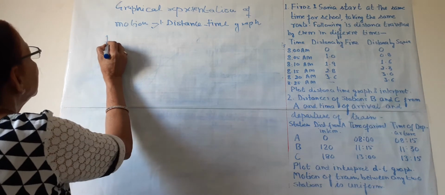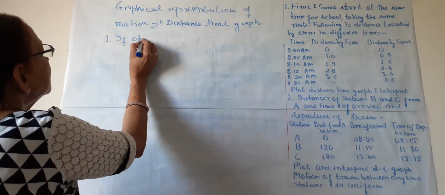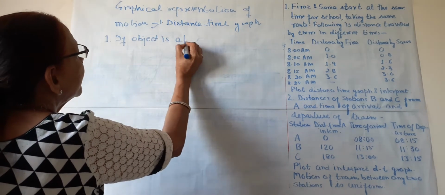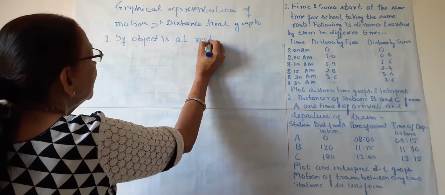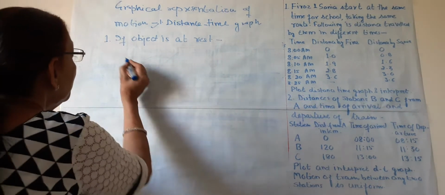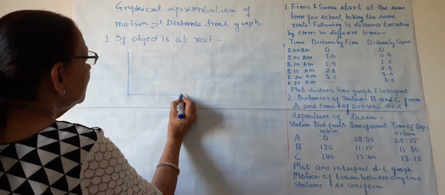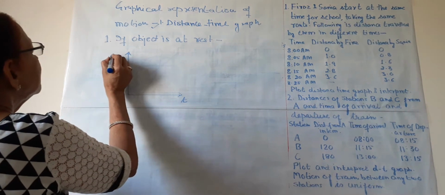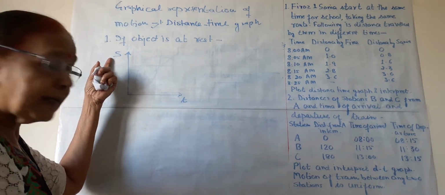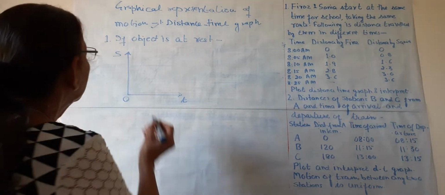In the first case, the object or the body is at rest. What does it mean? At rest, the body is not moving. So if we plot the DT graph, this is time t, this is distance, which you know is represented by s, and this is the origin 0.